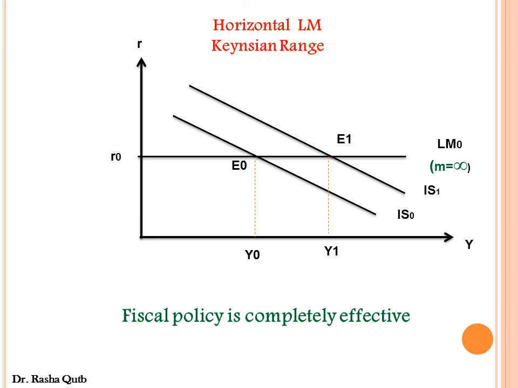Thereby investment will not be affected because the interest rate is constant, so the crowding out equals zero and fiscal policy is completely effective because the value of the simple multiplier equals the value of the government multiplier in the IS-LM model. So when LM is horizontal, fiscal policy is completely effective because the crowding out equals zero.